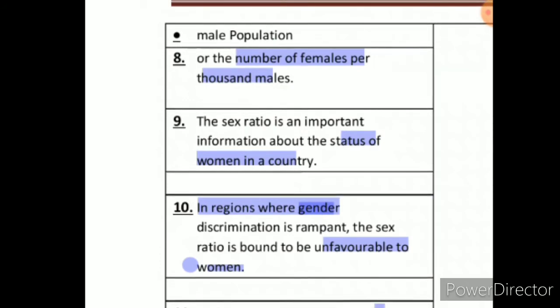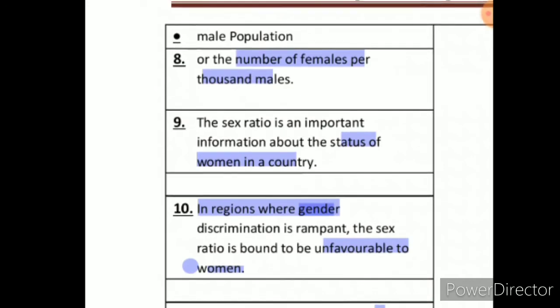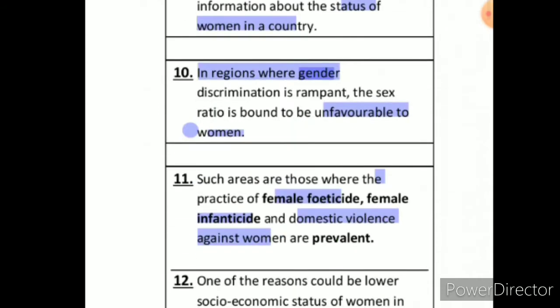Girl child को बचपन में ही मार देना, that's called female infanticide. Then domestic violence, we come across so many news of domestic violence against women, very much prevalent in India, right? These are some problems which India is facing at this moment.